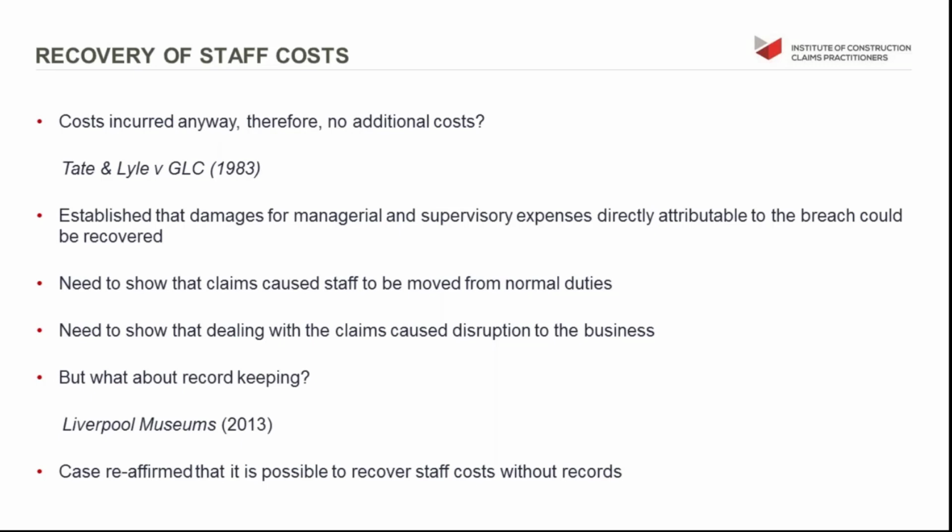For other staff that you might seek to bring into the claim, perhaps at a director level, has that disrupted the business by stopping them going out seeking other business? If it's a regional manager, would he have spent more time on other projects within his region? So again, for construction claims, that's something that it's not too difficult, I think, to establish.